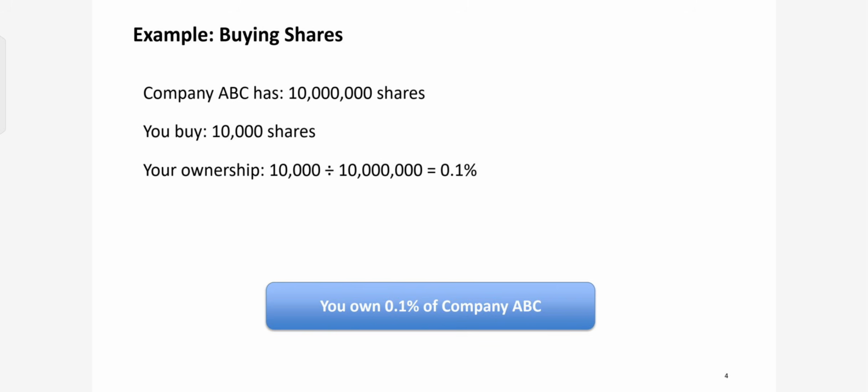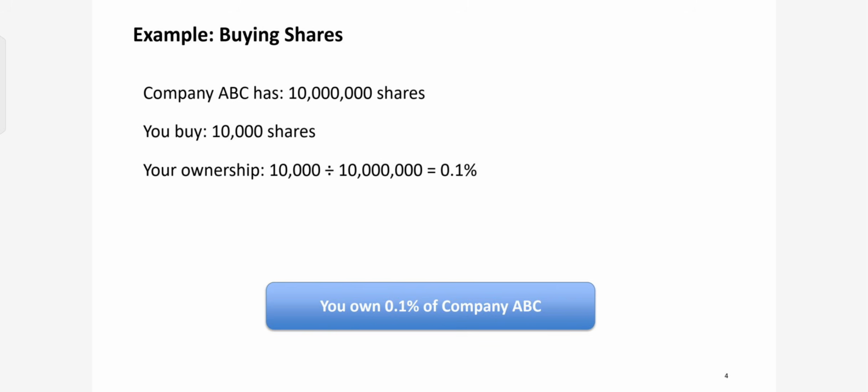The company lists its stock in the stock market, where you can go and start buying shares. To get your percentage of ownership, you take your 10,000 shares divided by the total number of shares multiplied by 100, which is 0.1%.